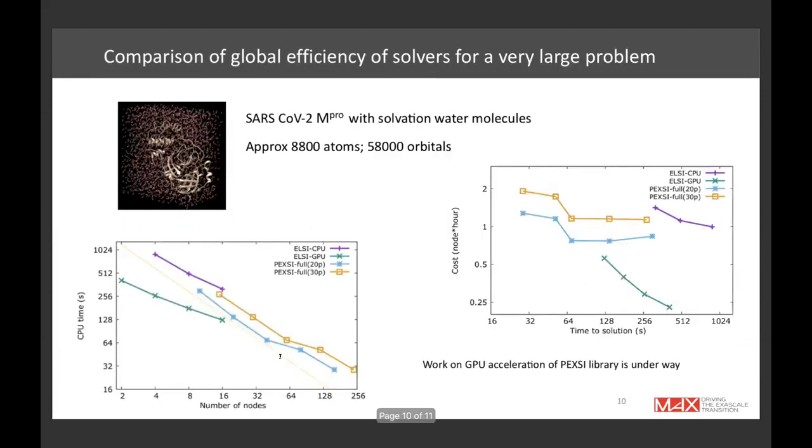So we did a shootout of methods in high performance computing for very large systems with this benchmark based on a coronavirus protein immersed in water. It's about 9,000 atoms and about 60,000 orbitals. This is quite big. And we compare the performance of the diagonalization with and without GPU and with PEXI.